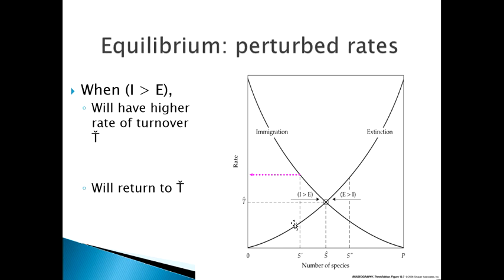If you then plot that up, shoot it over here, the rate of turnover is increased. Again, this whole model exists to always return things to this S hat number where immigration equals extinction. Doing that will make this turnover rate decrease as well.